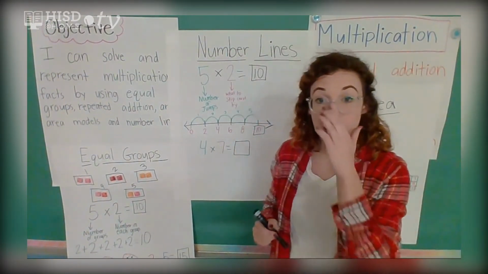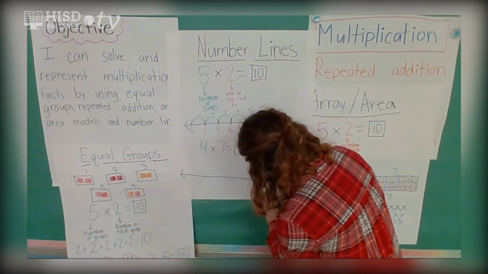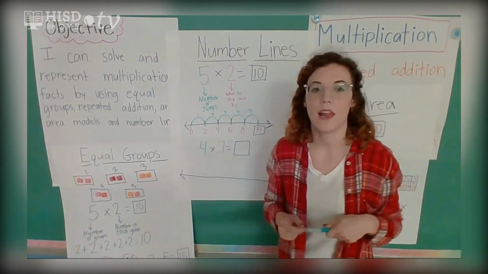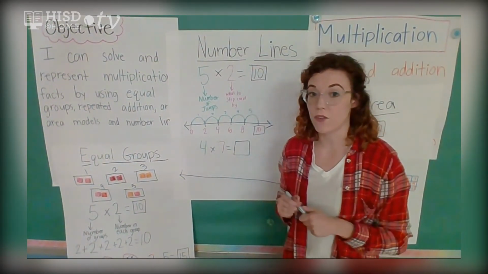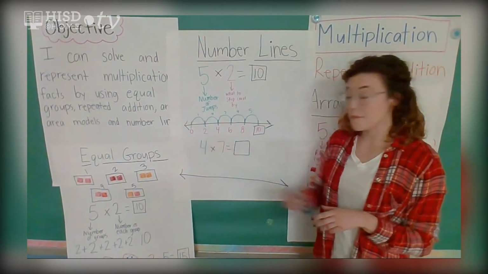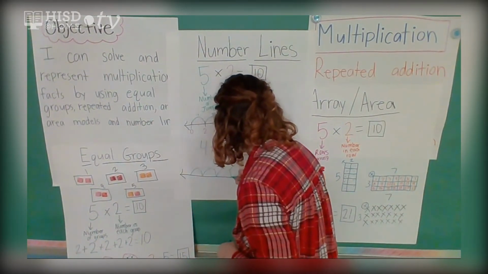Now I'm going to make my number line. I want you to tell me, how many jumps do I need to make for this? Correct. I'm going to make 4 jumps. 1, 2, 3, 4.